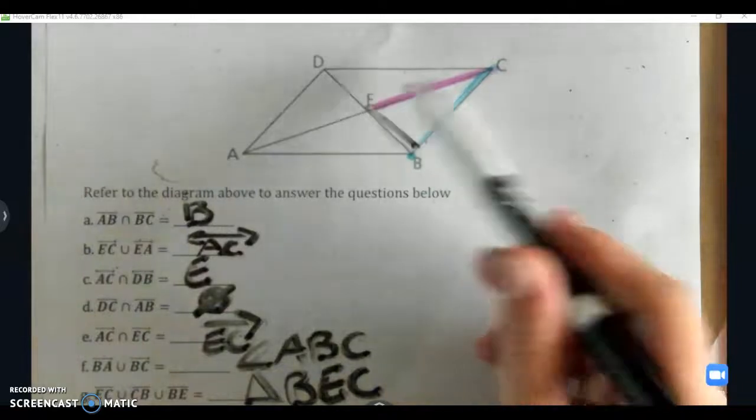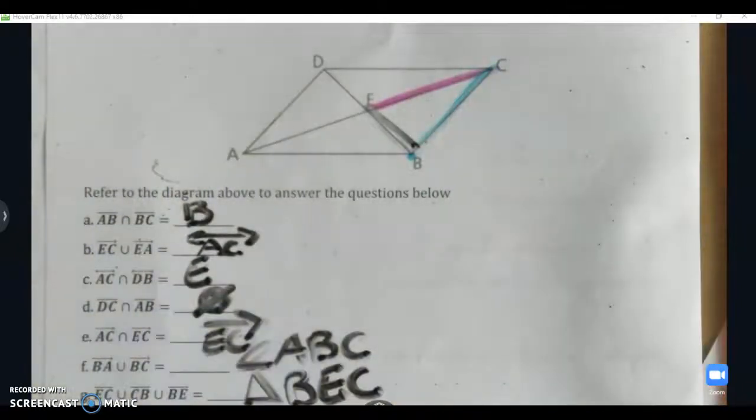It's up to you, but just 3 points in any order. So again, thinking back to your formal definition we learned last time about a triangle, it's the union of 3 segments. That's what we just did here on G. Okay, and that wraps up our 1.1.2 examples.